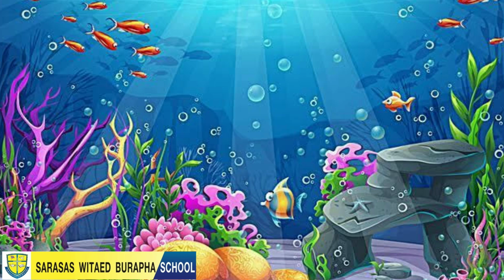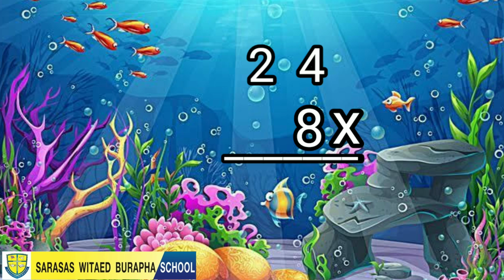Next, you can also write it down in a simpler way. We have 24 times 8. Multiply the ones, that's 4 times 8 equals 32. Carry 3 on the top of the tens. Next is multiply the tens.